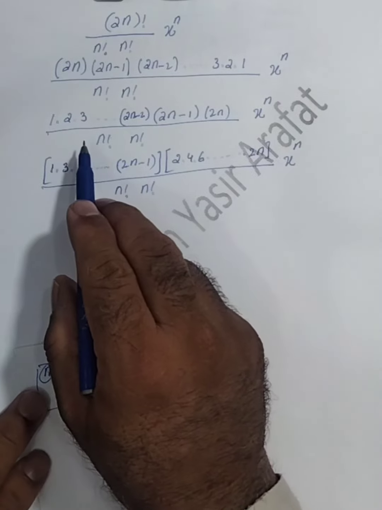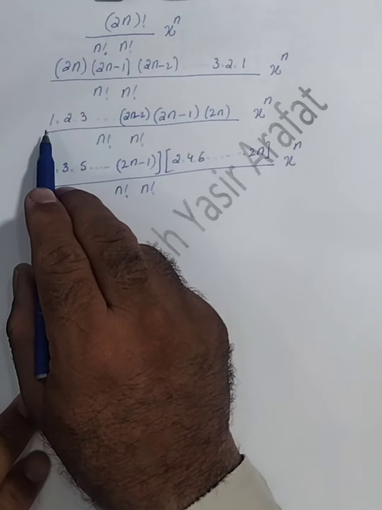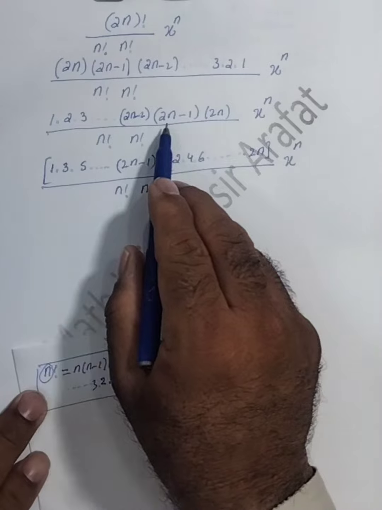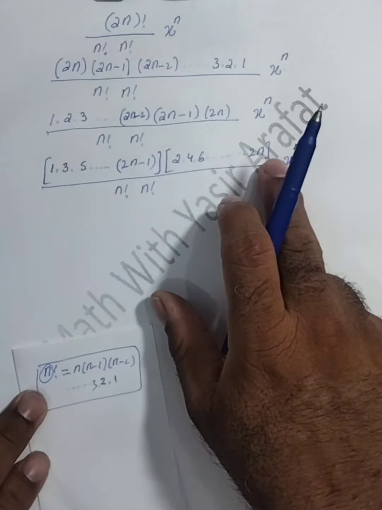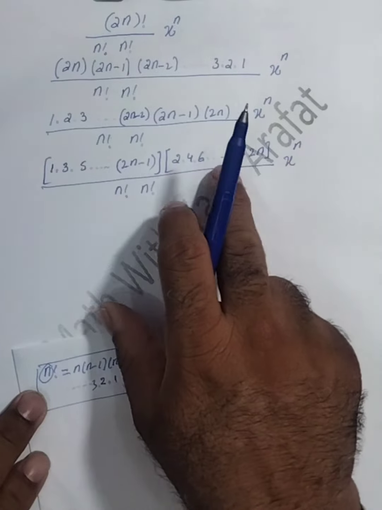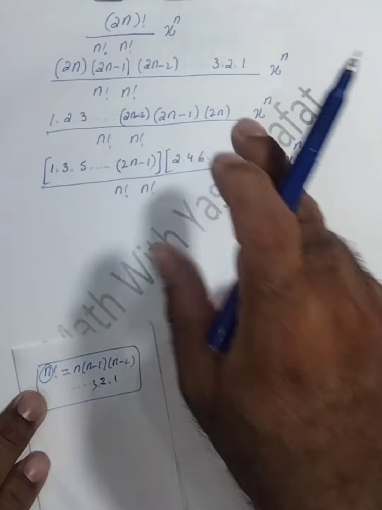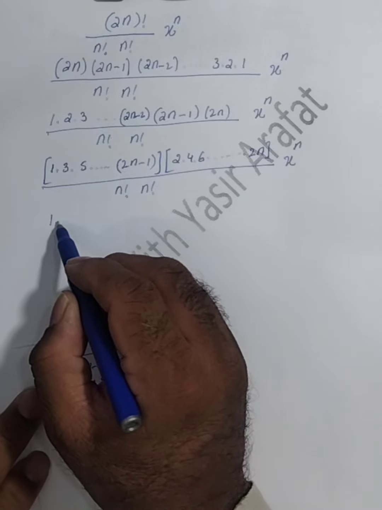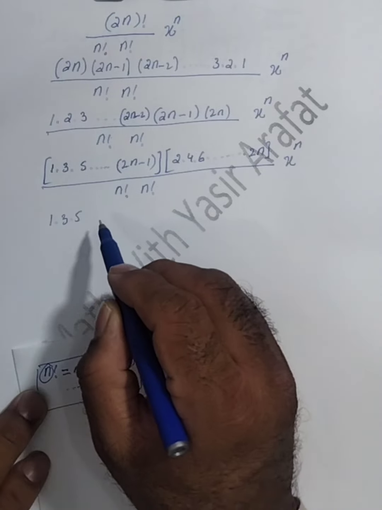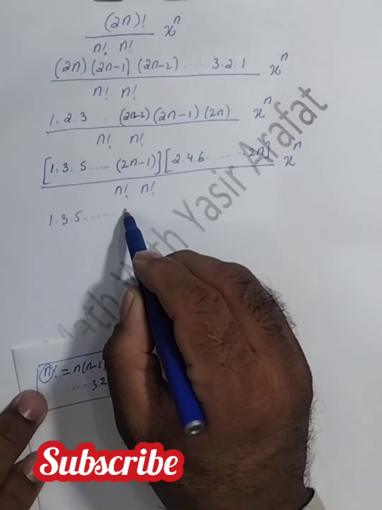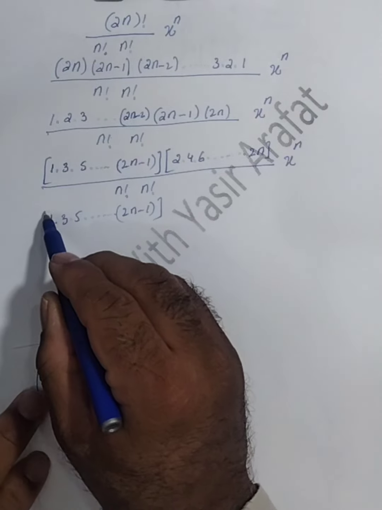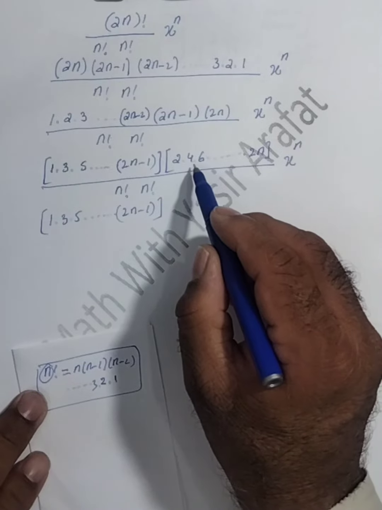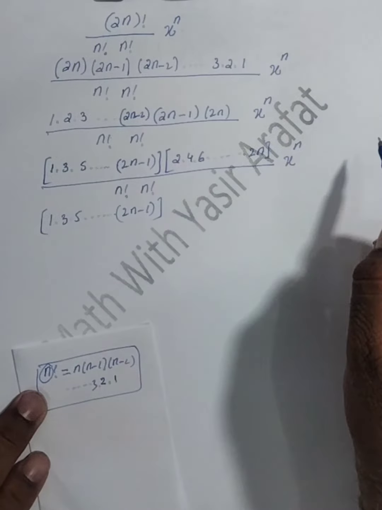So here, students, please remember this point here. This is 1, 2, 3, 4, 5, and so on. So we have to separate the odd numbers here and the even numbers here. When we multiply these, we will get the same result again. Now this is 1, 3, 5, up to 2n minus 1. So here 2 into 1, 2 into 2, 2 into 3, and so on.